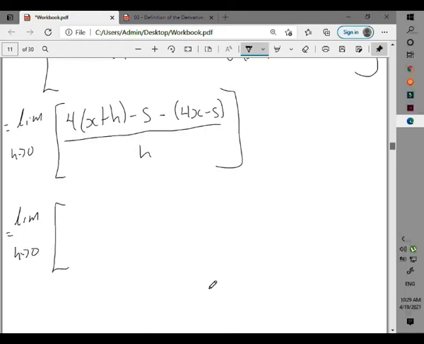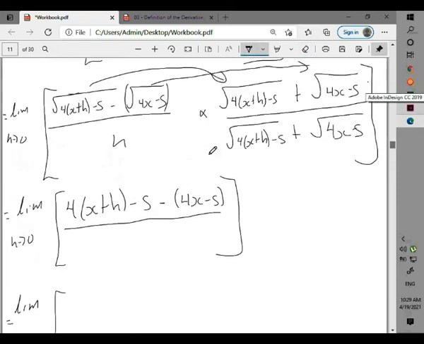So what I have here now is, oh shoot, I need to put this at the bottom. H open bracket root of 4x plus h minus 5 plus the root of 4x minus 5, close the bracket.